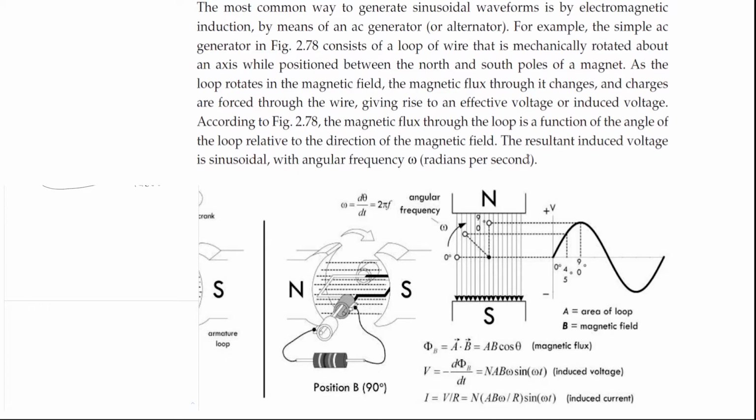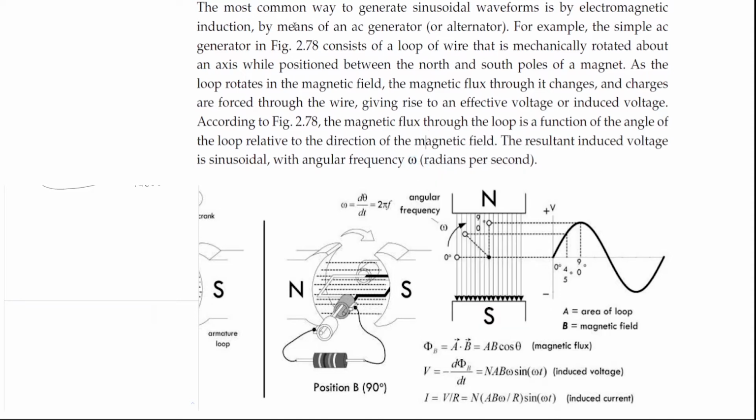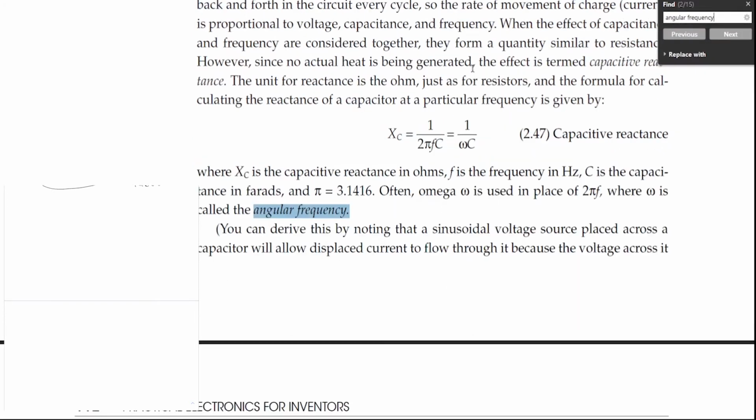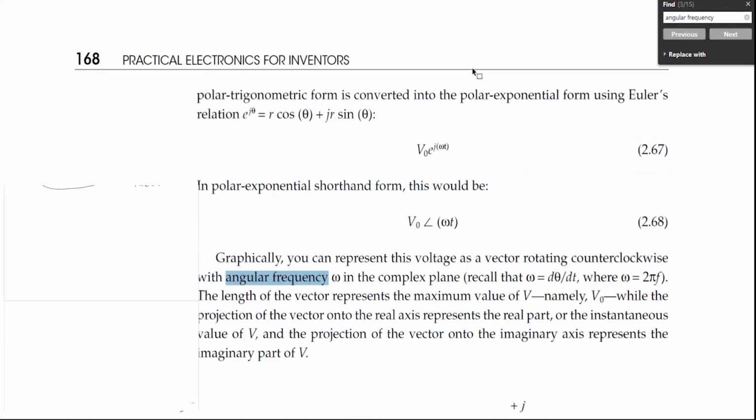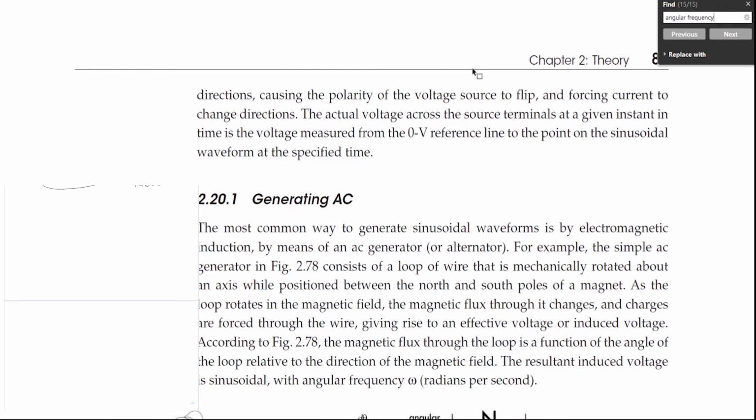radians per. Why did they introduce this so quick? Now I'm just going to see if they've mentioned this symbol prior. So we're currently on page 81. Angular. Yeah, it's not mentioned.